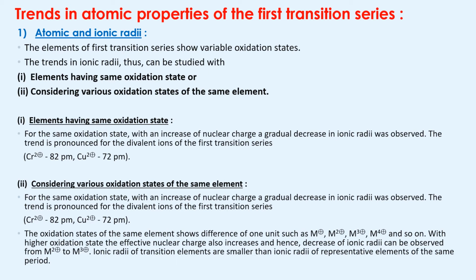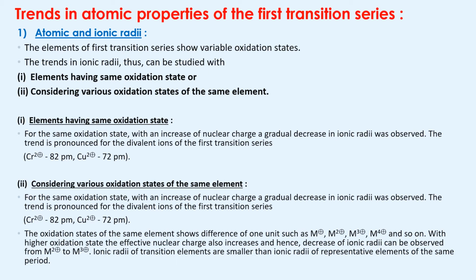Now see, in this case the oxidation states of the same element differ by 1 unit. We consider M present as M+, M2+, M3+, M4+ and so on. So what is our observation?